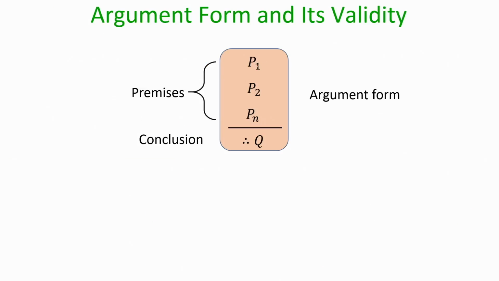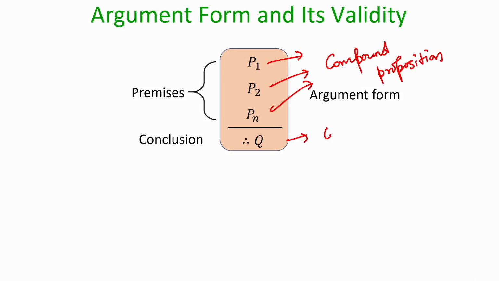I will be given a set of premises, namely n premises, and each of them can be a compound proposition. Okay. All of them can be compound propositions. And I will be given a conclusion which is also a compound proposition.